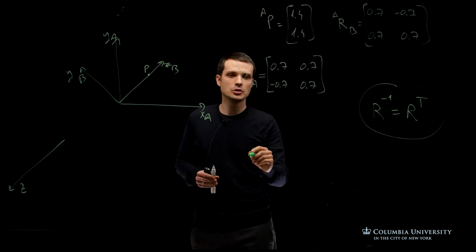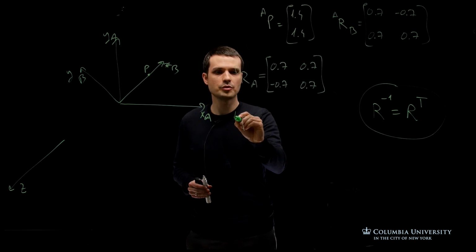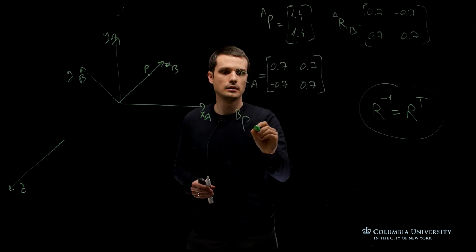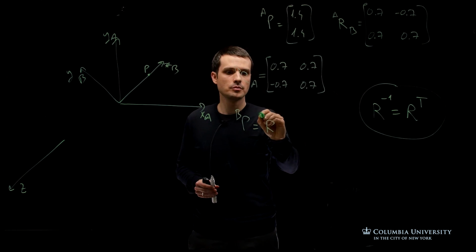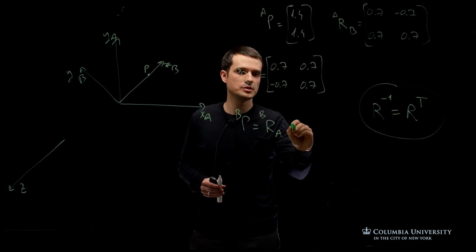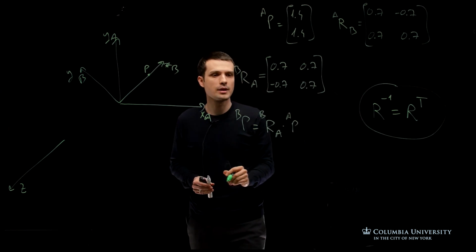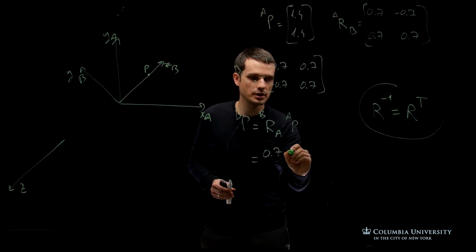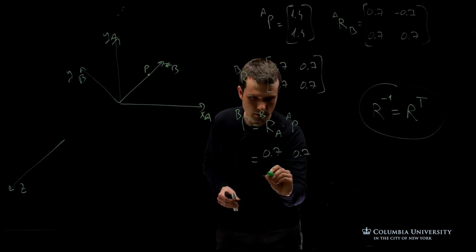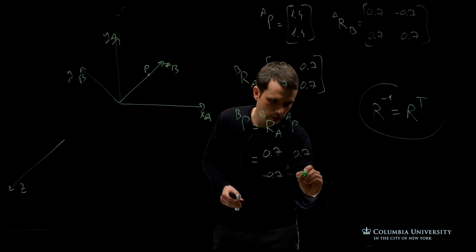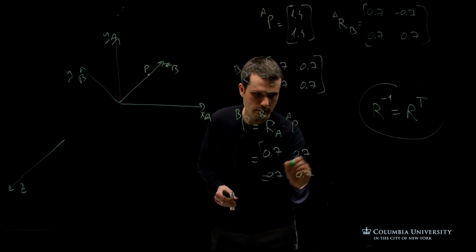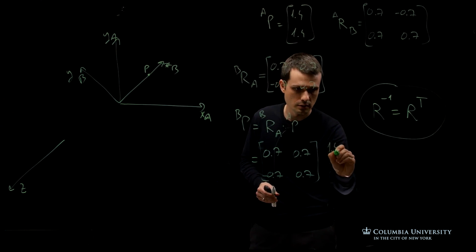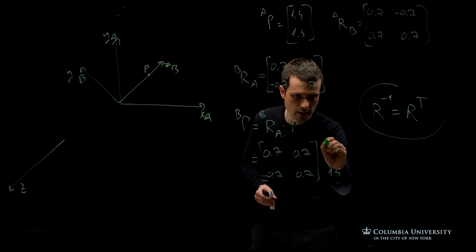Okay. So now we can compute point P expressed in coordinate frame B as the rotation from B to A times point P expressed in coordinate frame A. So we're going to have the rotation matrix times PA.